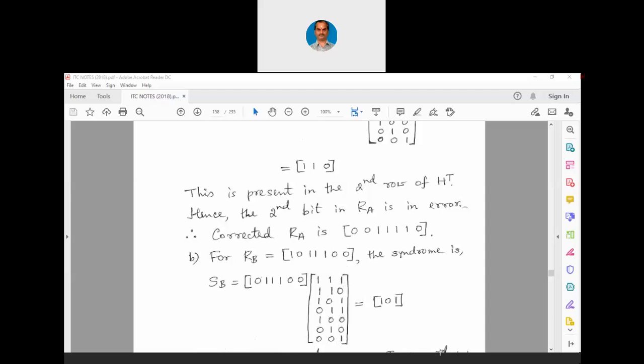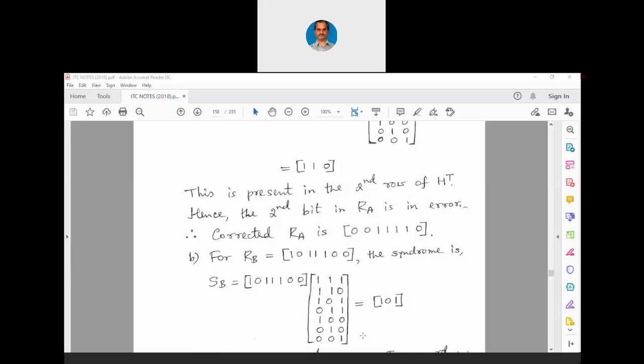Now my next question is, our H transpose is 7 cross 3, 7 rows and 3 columns. Whereas the bits used are 3. So there can be 2 power 3, totally 8 combinations, right? Out of those 8 combinations, 7 combinations are present here.